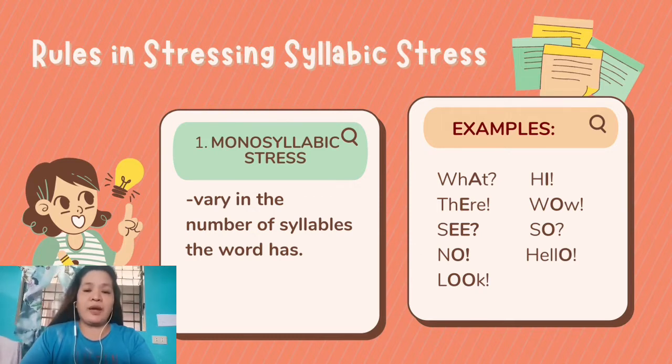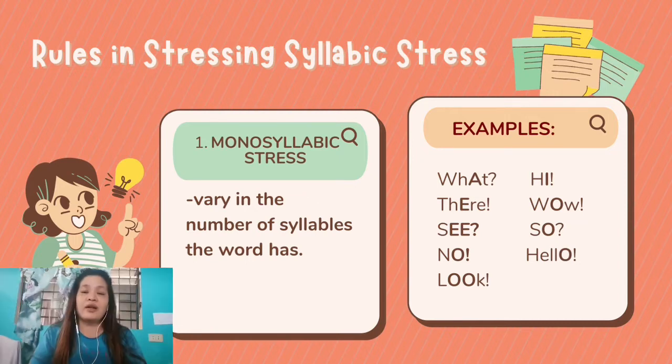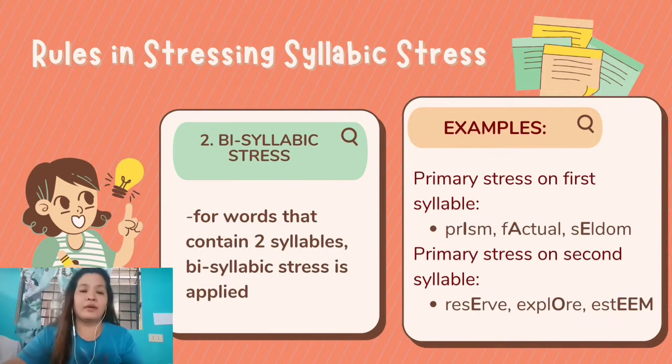Monosyllabic stress is applied in words that are said in isolation. Examples are what, there, see, no, look, hi, wow, so, hello. Look at the examples. They are one-syllable words.